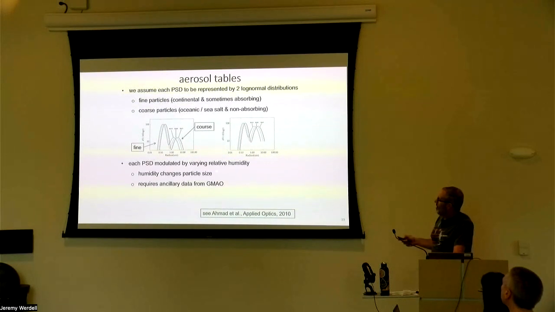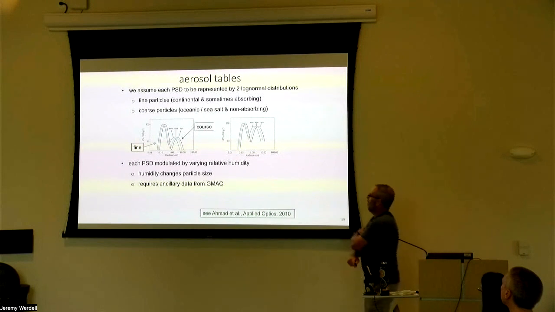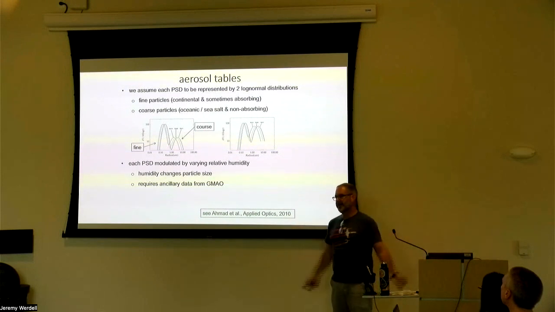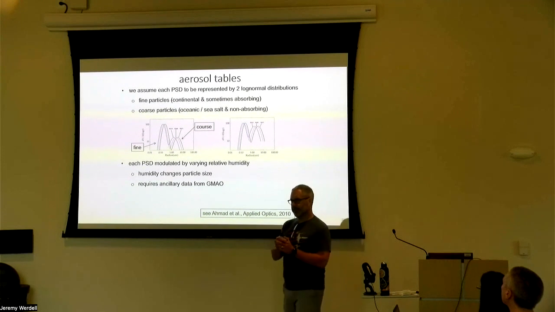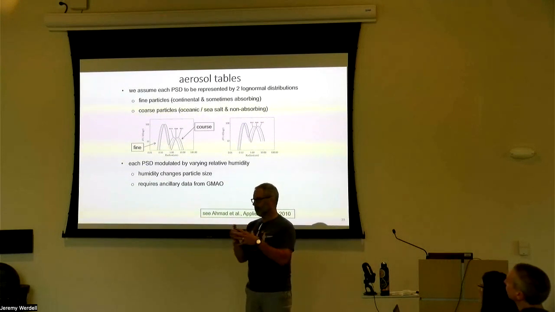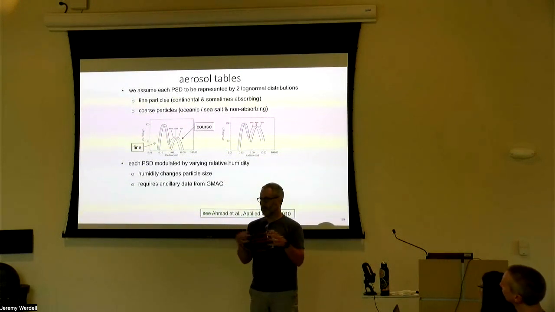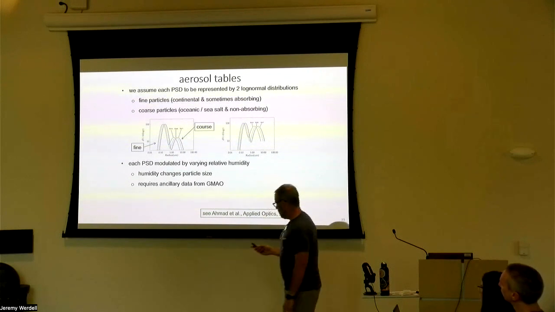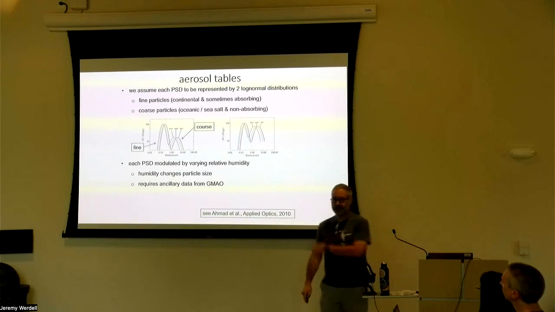And they are also modulated by relative humidity. Why? Yep, their size is, to do what, there's more moisture in the air and they get bigger or smaller. Okay, satellite measure relative humidity?